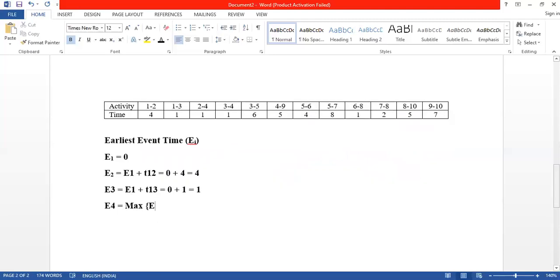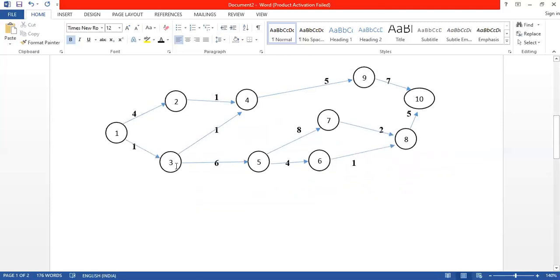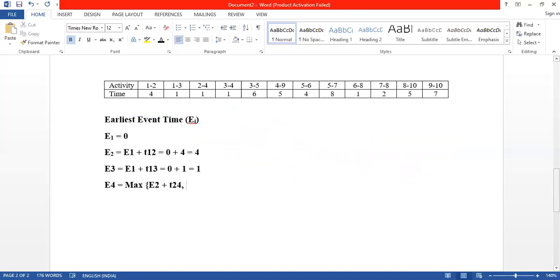Otherwise, if we travel from third, so it is E3 plus T34, right?